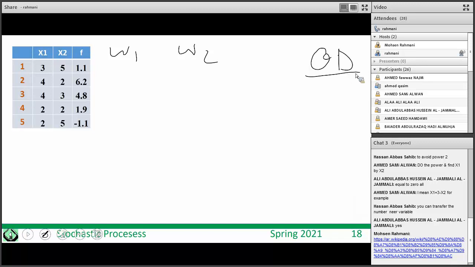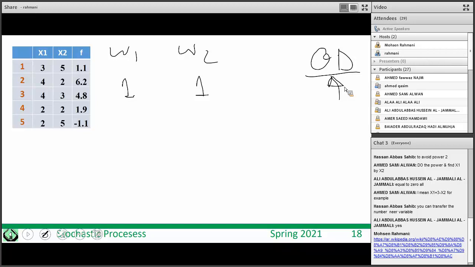In the gradient descent method, at first we guess two values for the W's. For example, we assume that W1 is 1 and W2 is 1. This is just a start point. We start from 1 and 1.